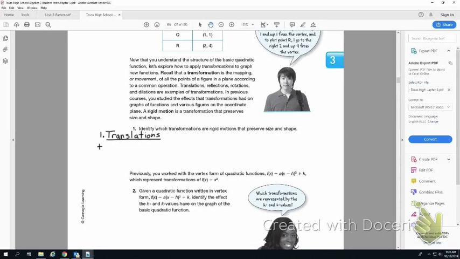We've talked about these before. If it is plus C, which direction is that going to move? Left. If it is minus C, which direction is that? Right. Thank you. Plus D, up. Minus D, down.